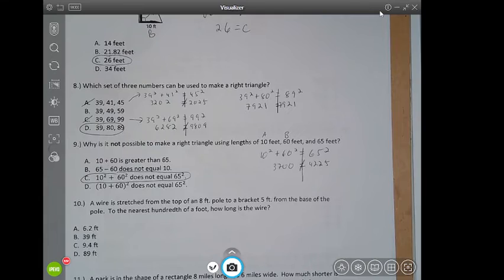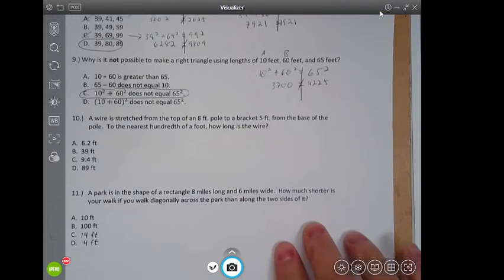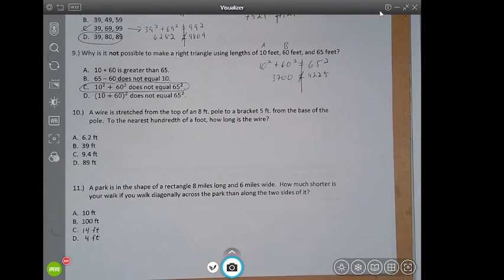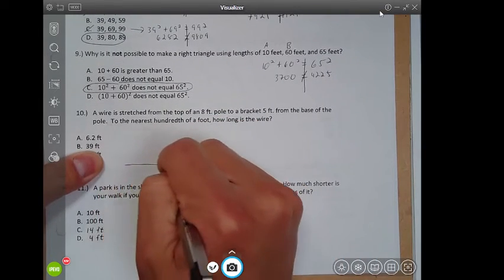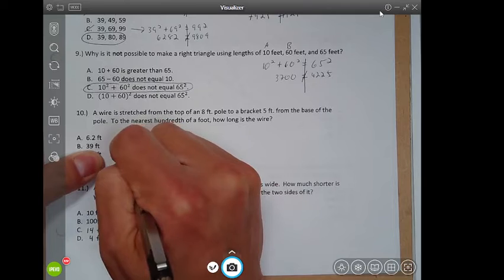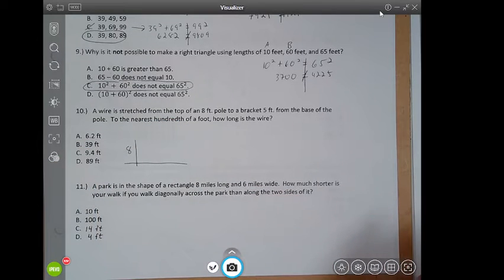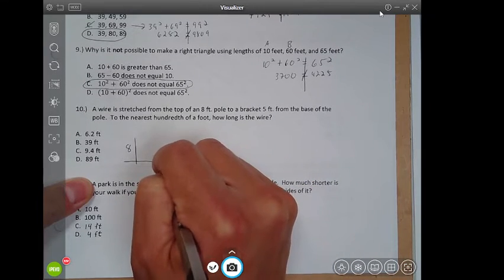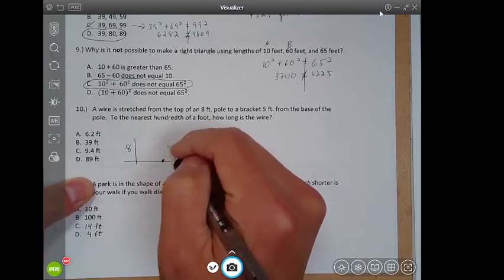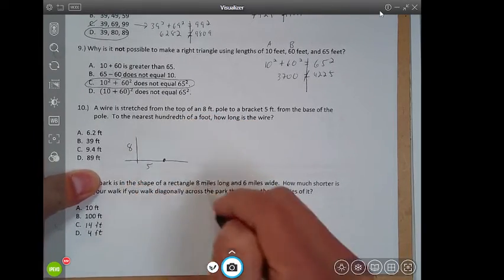Number 10. A wire is stretched from the top of an 8-foot pole. Let's draw our ground. There's our 8-foot pole to a bracket 5 feet from the base of the pole.